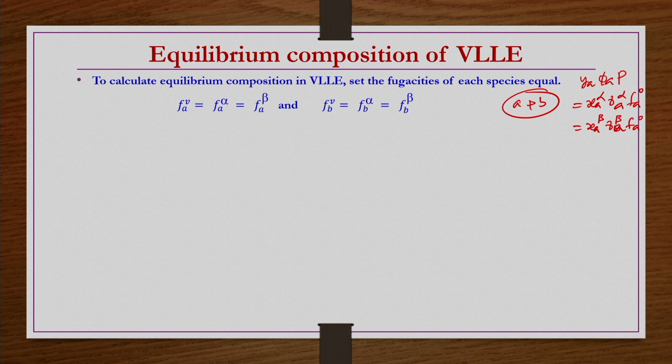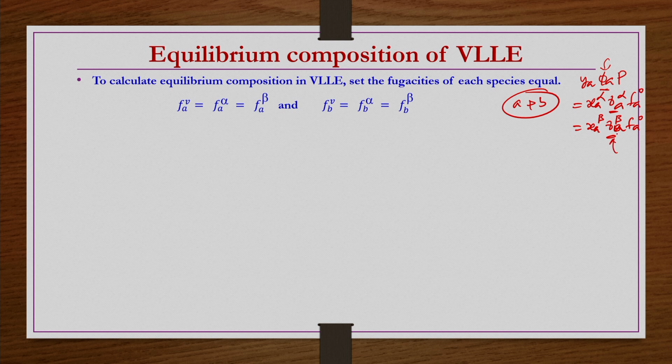Now, depending on whether the phase is ideal or non-ideal, these Phi A and gamma A terms would be there. If it is an ideal phase, these can be taken off. If it is non-ideal, the corresponding equation comes into the picture depending on which model has been used for describing the non-ideality of the vapor phase, and accordingly which model for excess Gibbs energy is used to describe the non-ideality of the liquid phase.